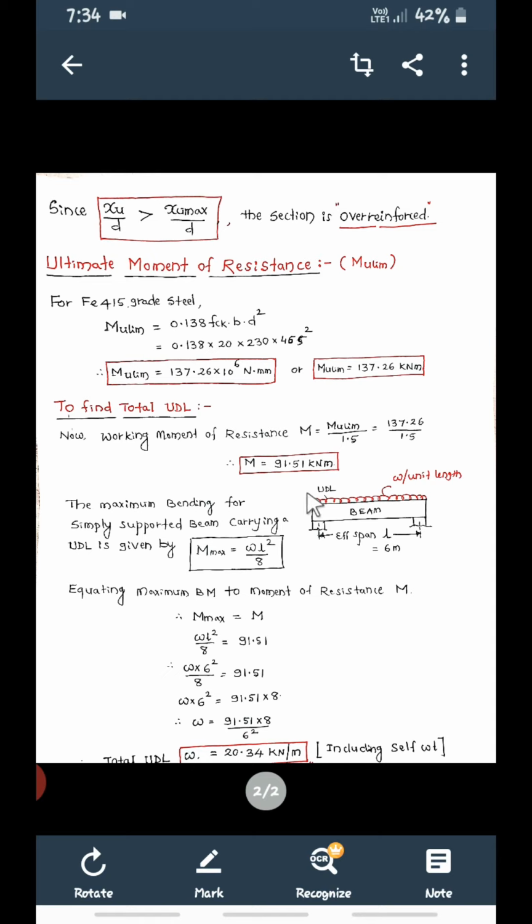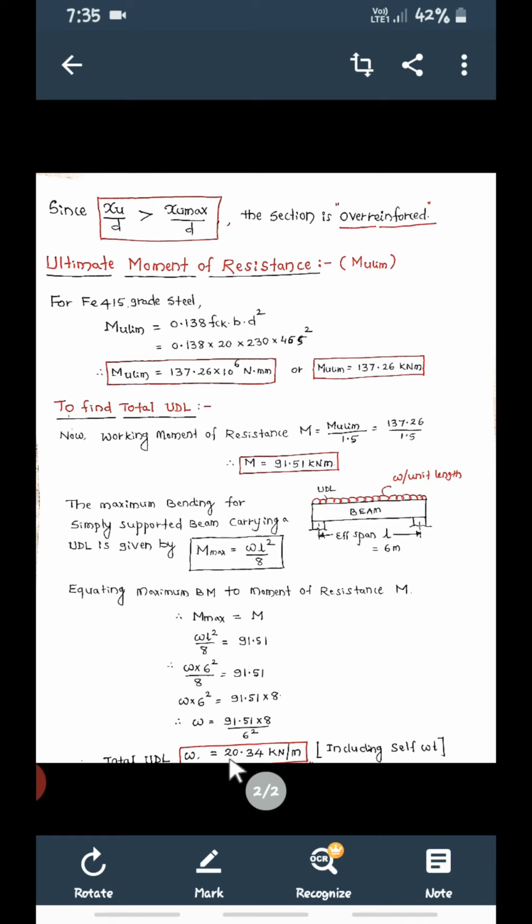So the value of UDL is 20.34 kilonewton per meter. Means for 1 meter, the value of W is 20.34 kilonewton.